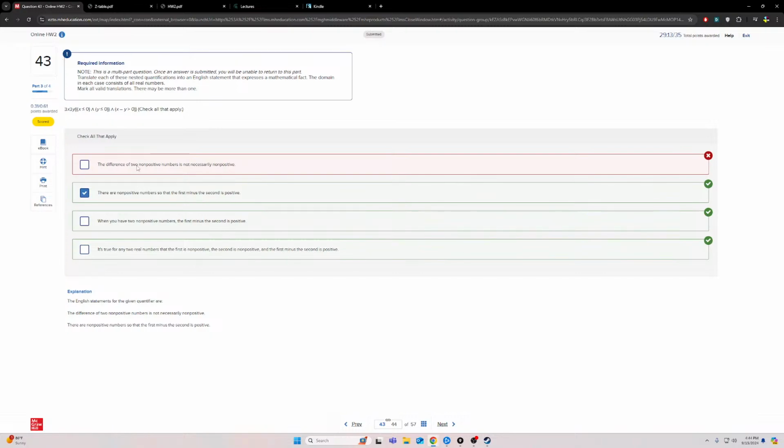And this one, difference of two non-positive numbers, not necessarily non-positive. Two non-positives and difference not positive is positive.